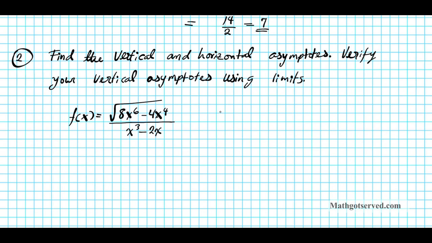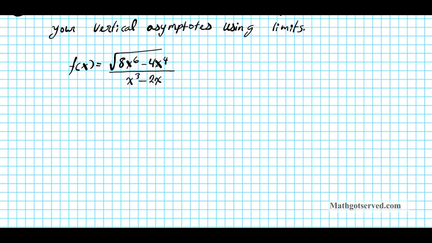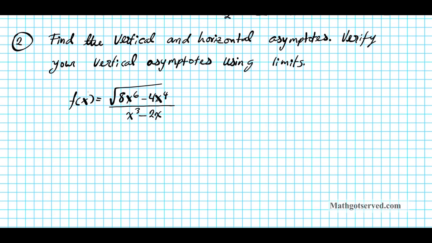All right, we're going to start off by looking for the horizontal asymptotes. So let's write down horizontal asymptotes. To find the horizontal asymptotes, we're going to let x go to plus and minus infinity. Any finite numerical value that it approaches as it goes to plus or minus infinity will be a horizontal asymptote.